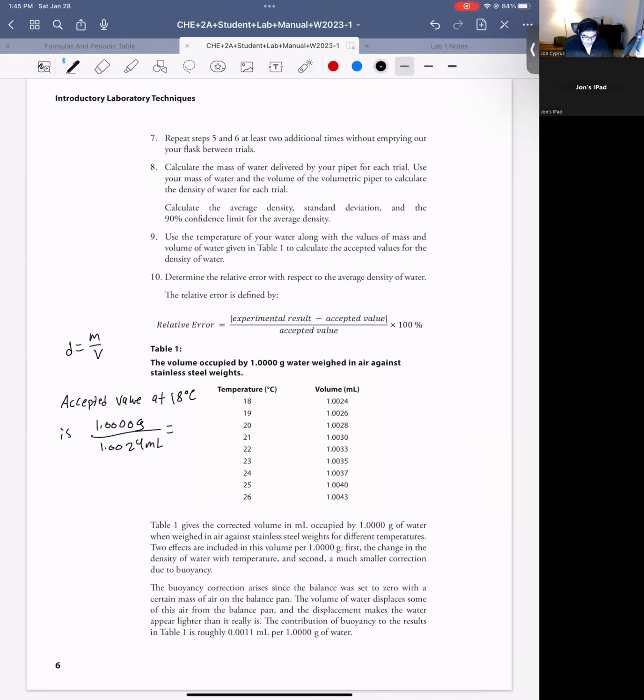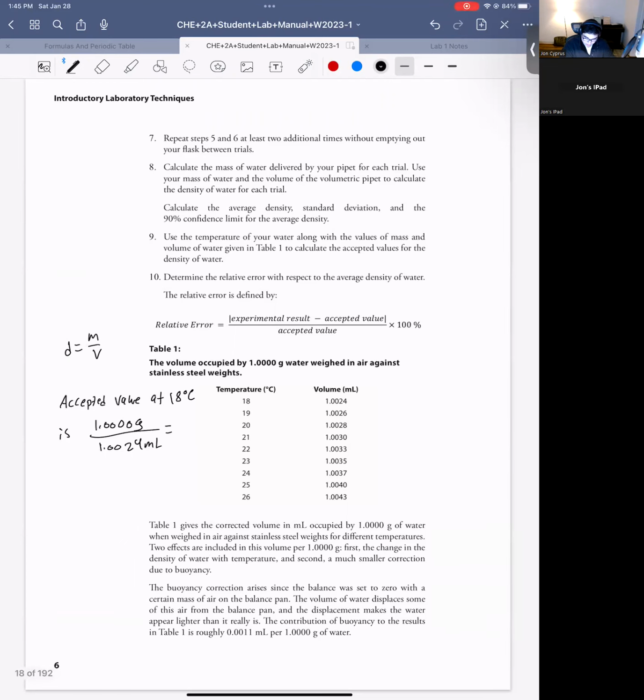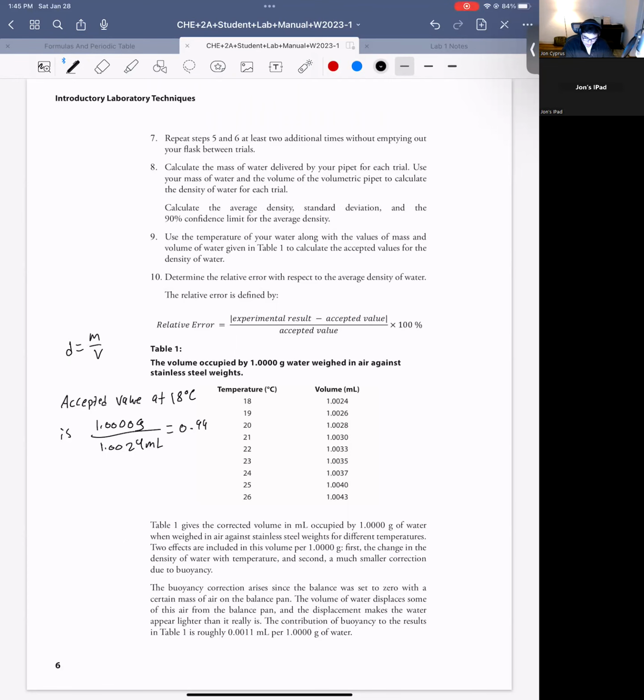So the accepted value is 0.99276 grams per milliliter. So that's your accepted value. I guess to be more appropriate, I should use 5 sig figs here. grams per milliliter.